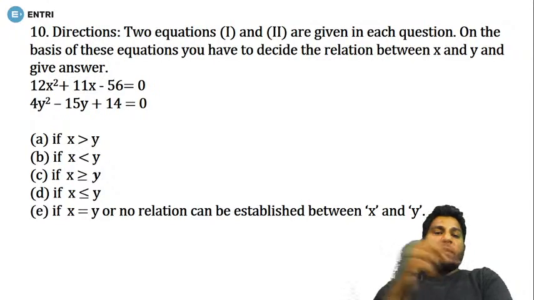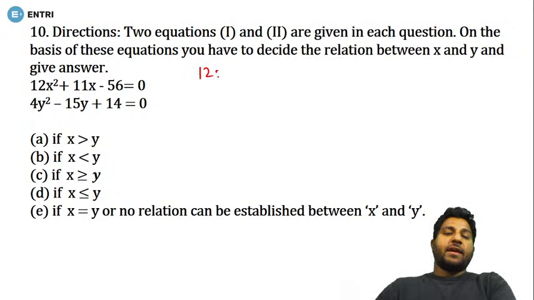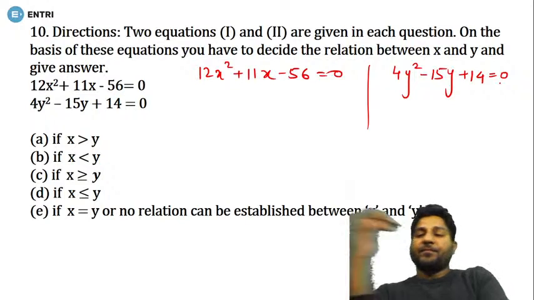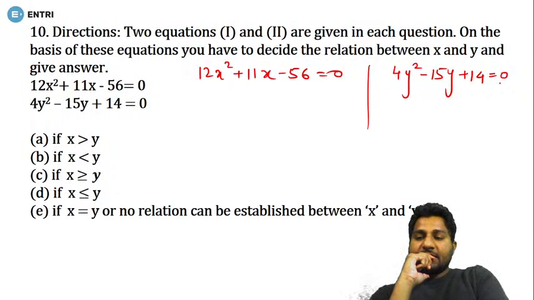Okay, here comes the next question. Look at this. 12x square plus 11x minus 56 is equal to 0, while 4y square minus 15y plus 14 is equal to 0. Now tell me how you are going to solve this.